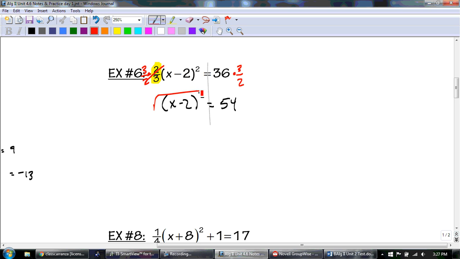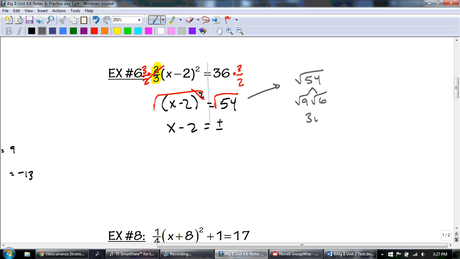So now I take the square root of both sides. I'm going to get x - 2 equals plus or minus, and then I got to come over here to break down 54. We've done 54 a couple of times, so we should know that it's 9 and 6.